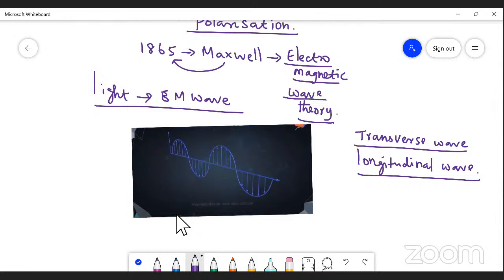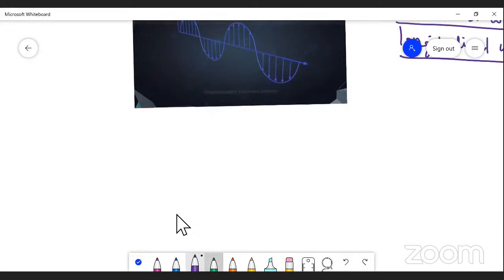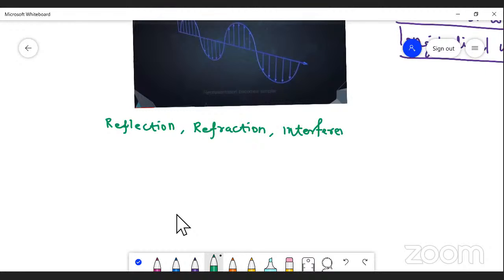Okay. We know that reflection, refraction, interference, and diffraction are some phenomena of light.